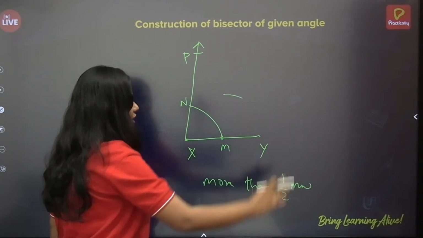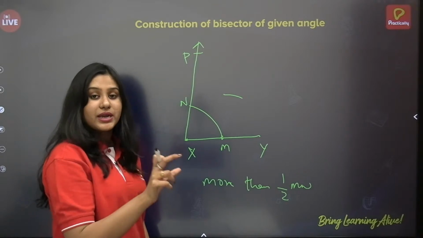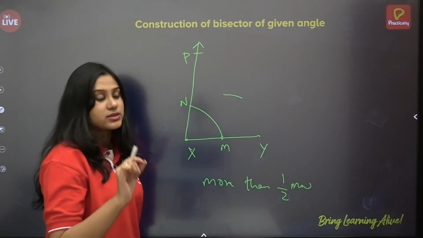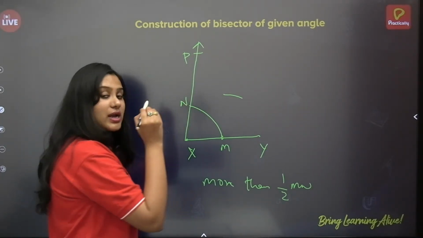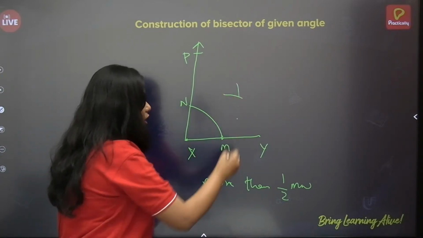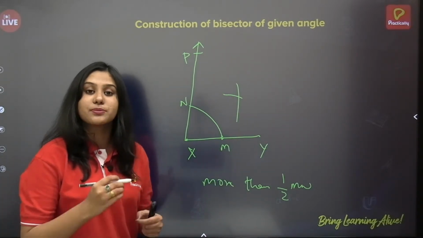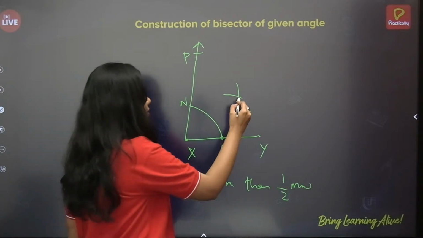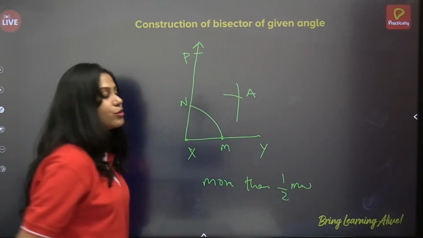So cut an arc here with the same radius. Do not disturb the compass. Now place the needle of the compass at N and draw an arc which intersects the previous arc, and name this point as A. You can name it anything.